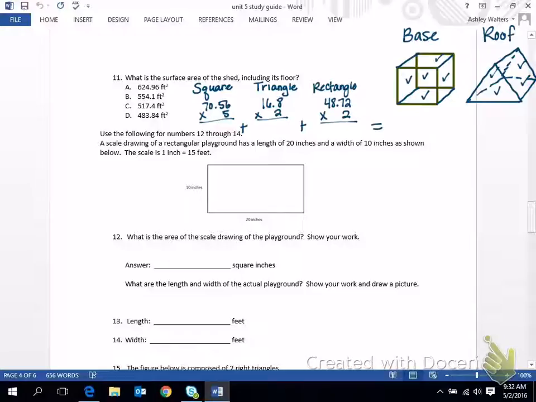When you take 70.56 and multiply by 5, you get 352.8. When you take 16.8 times 2, you get 33.6. When you multiply 48.72 times 2, you get 97.44.